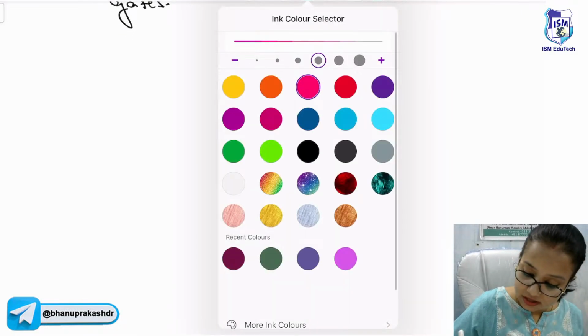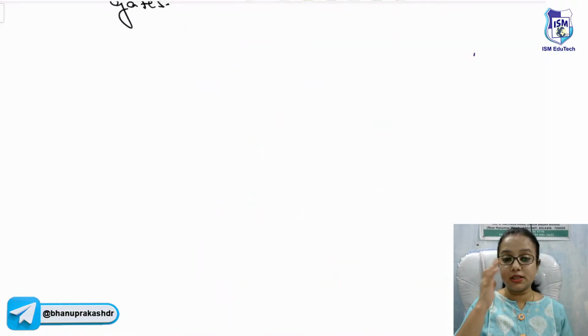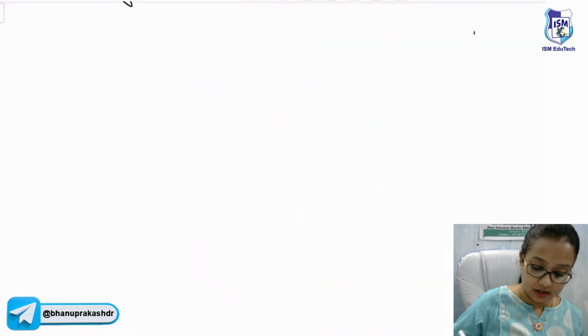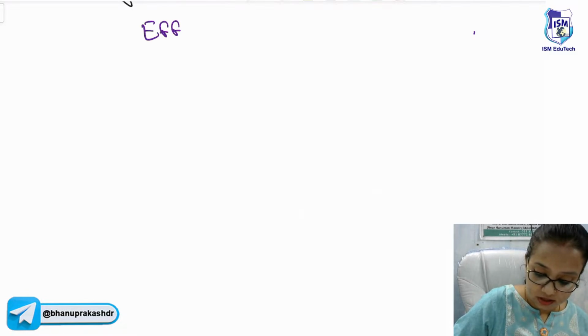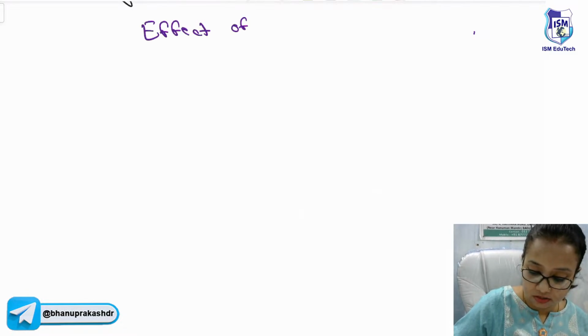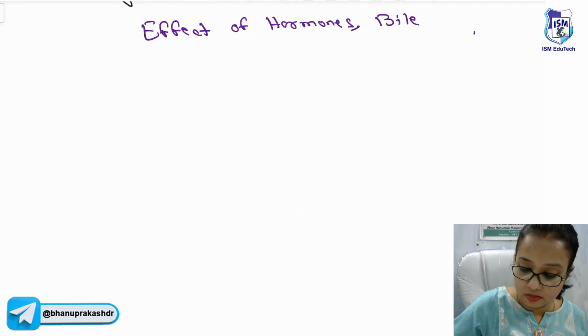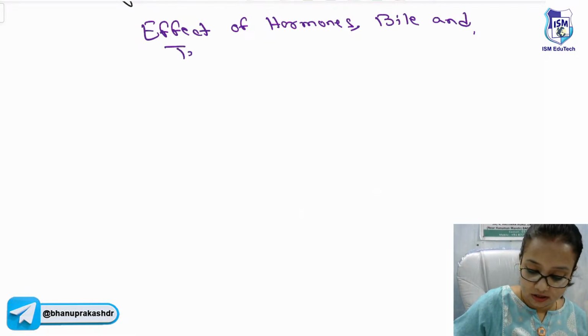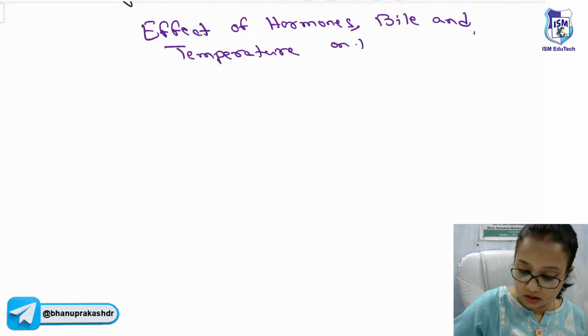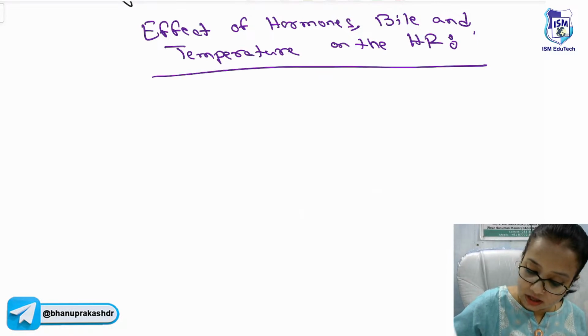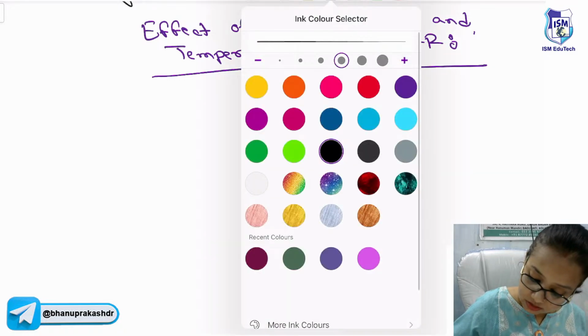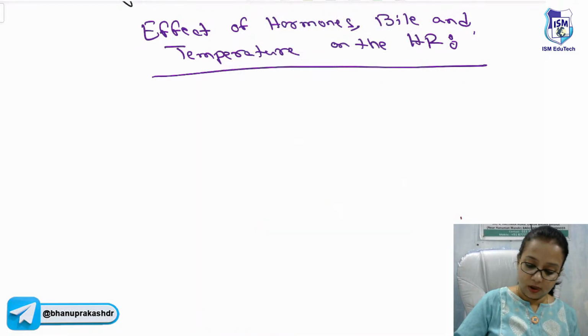Apart from the innervations, apart from all this that we have studied, there is also the effect of hormones, effect of bile, and temperature on the heart rate. Now, what are the effects of these hormones and this temperature on the heart rate?